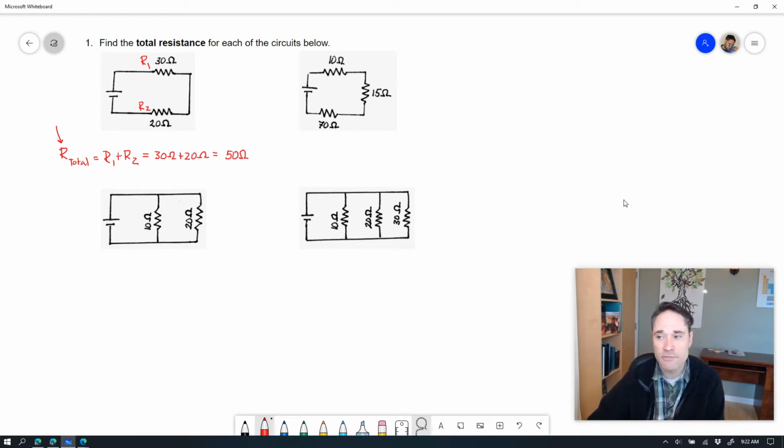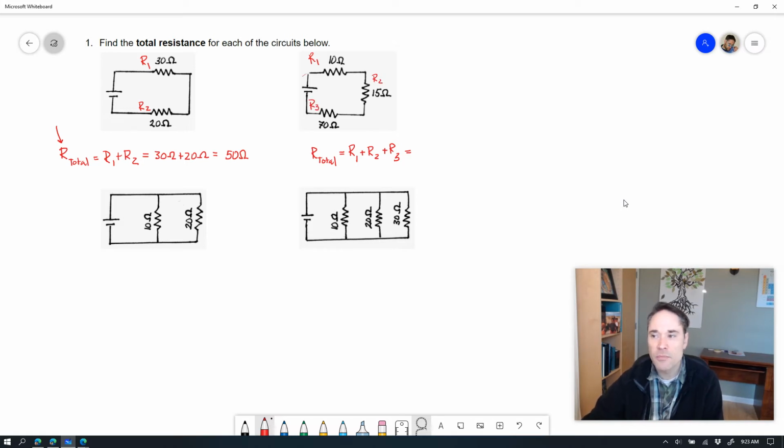So for the second one, same idea, R total, only this time around, we've got three resistors that we're adding on. We could call this R1, this R2, and this R3, going around the circle.